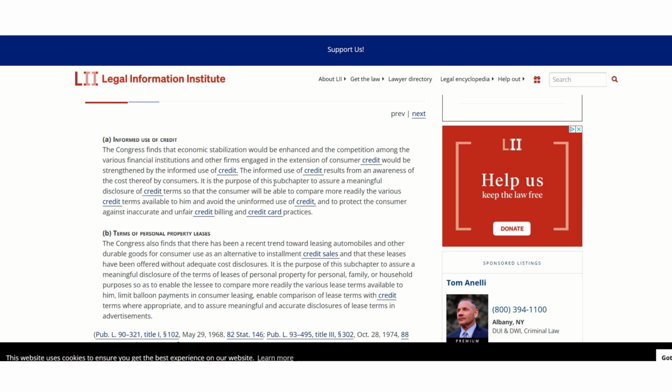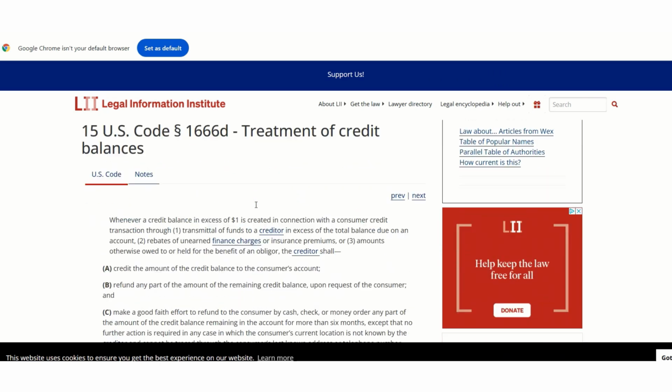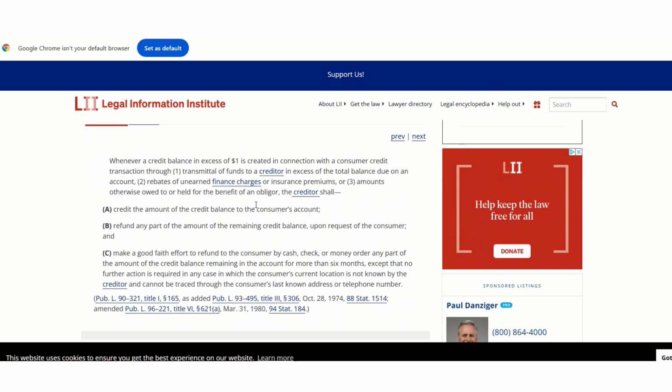It is the purpose of this subchapter to assure a meaningful disclosure of credit terms. So the law is the credit terms, and this is how they have to treat these accounts. That's what you need to understand.